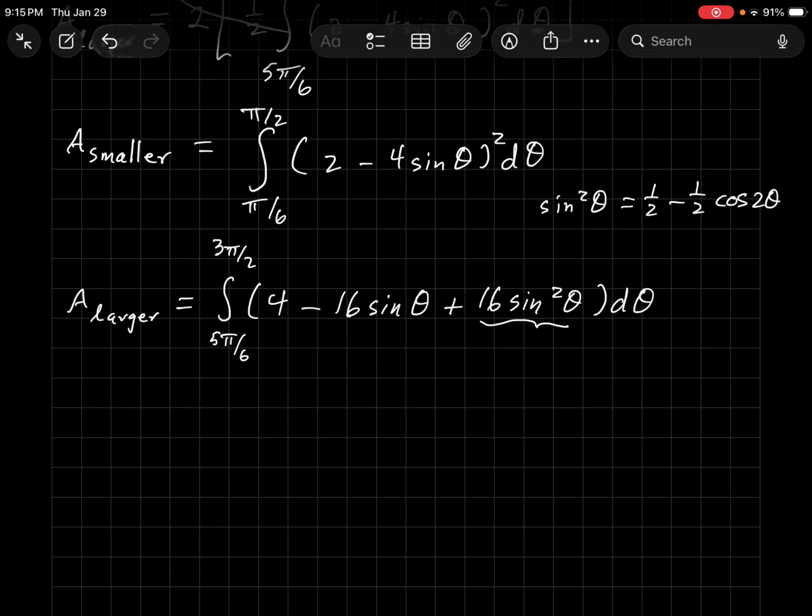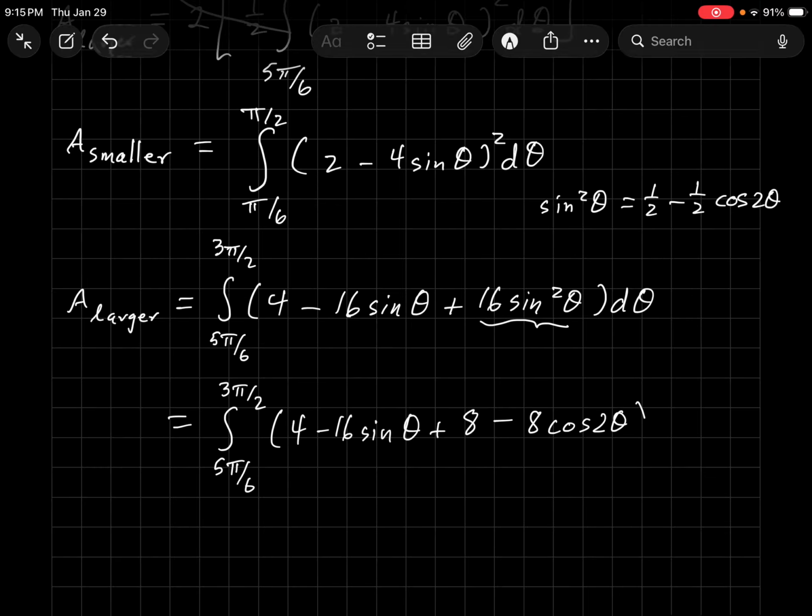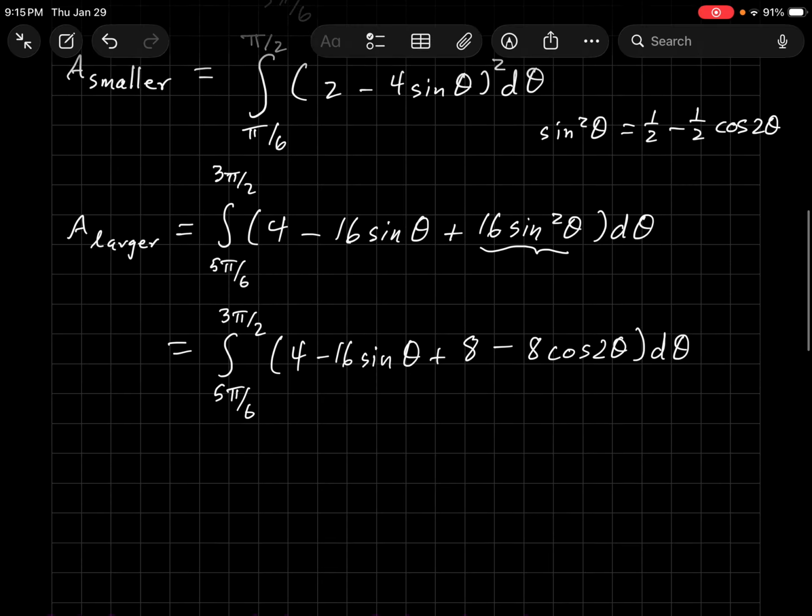So I could write this integral from 5 pi over 6 to 3 pi over 2 of what? Let's see. 4 minus 16 sine theta plus 16 times 1/2 minus 16 times 1/2 cosine 2 theta. And now we can integrate this one.